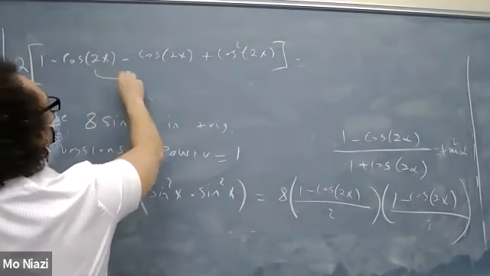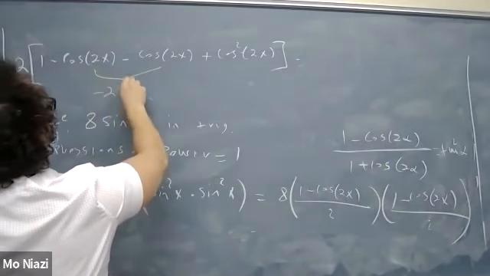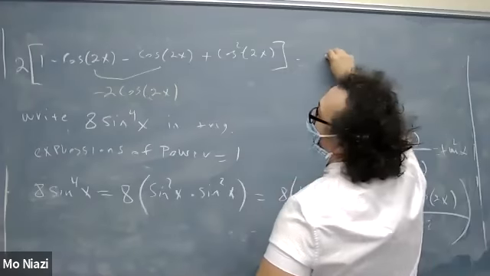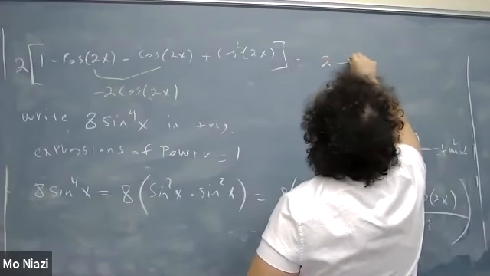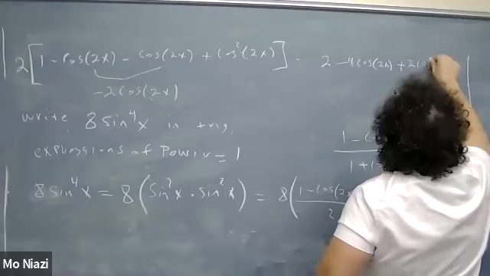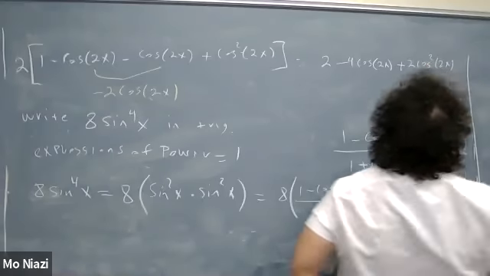We can combine these two because they're the same thing to be negative 2 cosine of 2x. So when that 2 distributes, I get a 2 minus 4 cosine of 2x plus 2 cosine squared 2x.